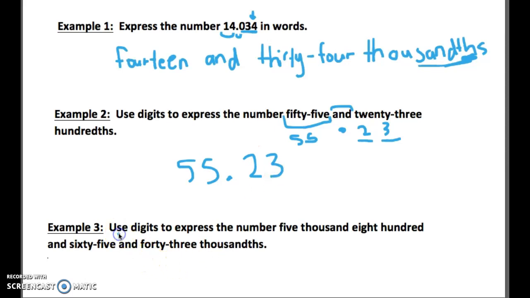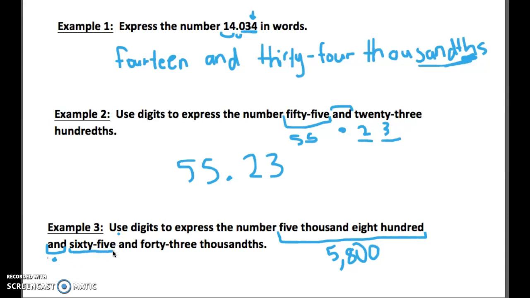Use digits in example 3 to express the number five thousand, eight hundred sixty-five and forty-three thousandths. Okay, so let's start there. 5,000. Ooh, that's a comma. 5,800. And is that the decimal?